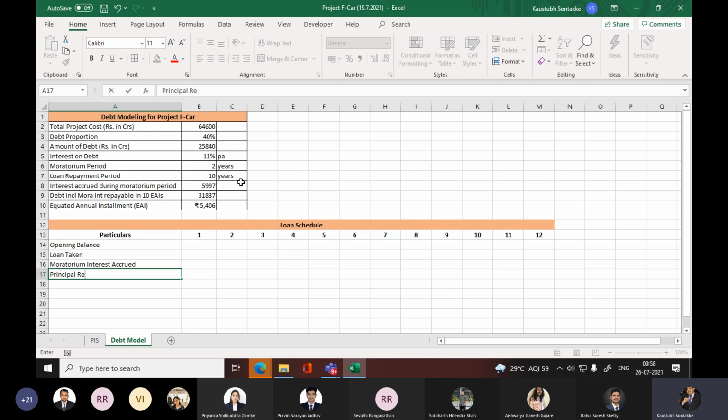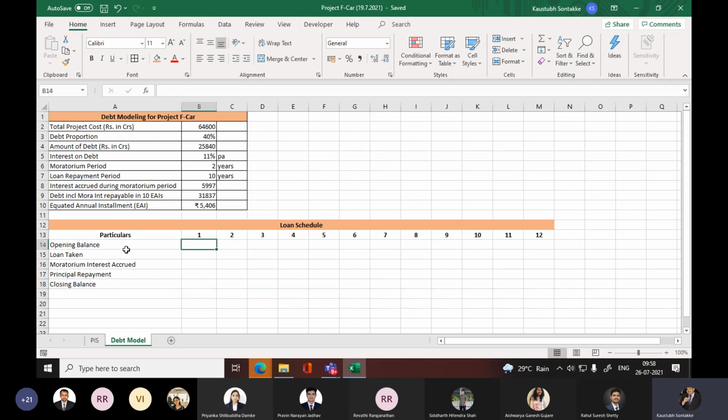Principal repayment. Closing balance. Like this you will write. Give all the 5 points here, that is opening balance, loan taken, moratorium interest accrued, principal repayment, closing balance.